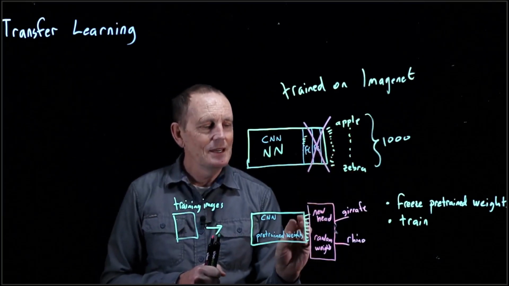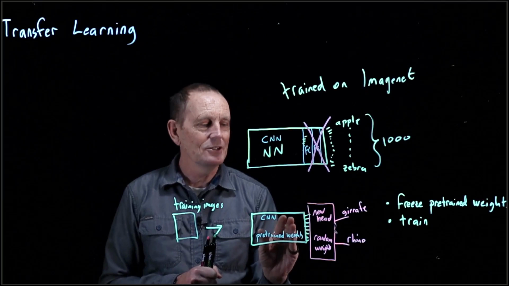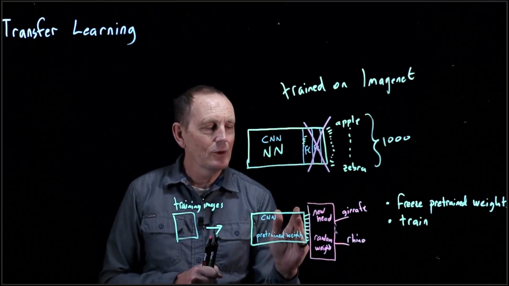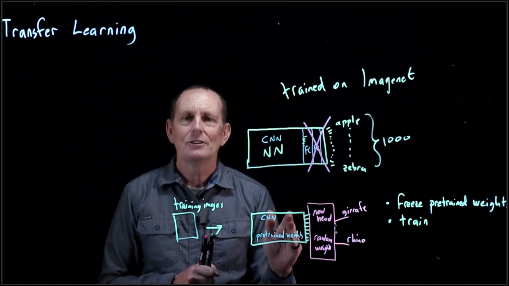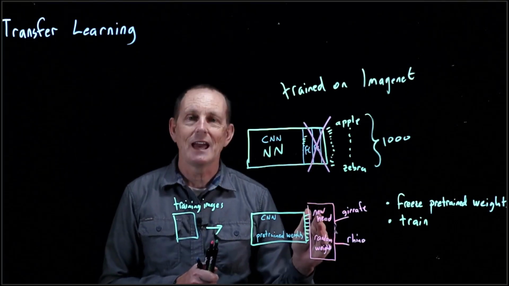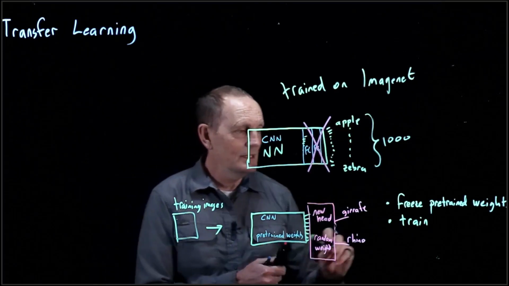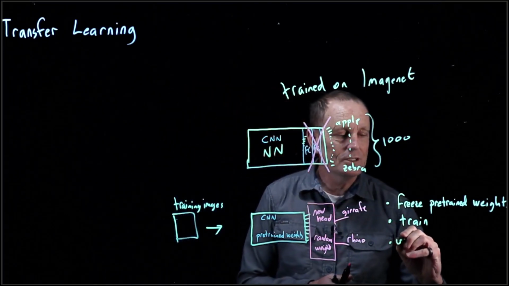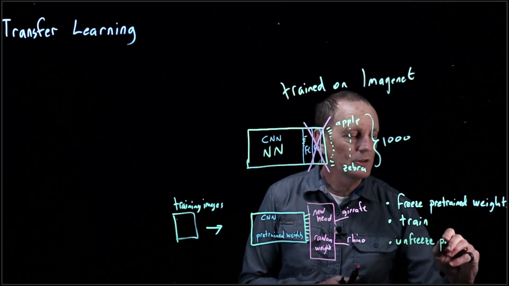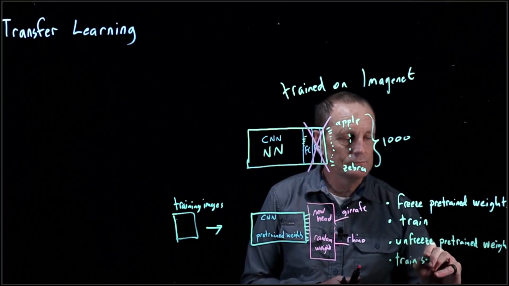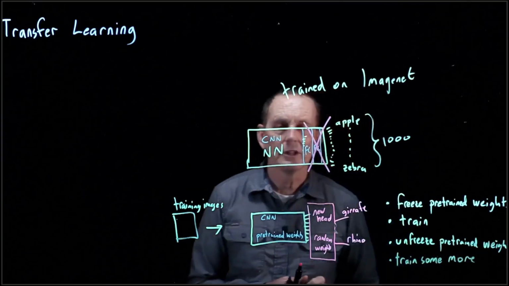It may be that there could actually be some fine-tuning that happens, in that perhaps the CNN, we could go ahead and update some of these weights to be better suited for the task at our hand rather than the task of training on ImageNet. So what we can then do is unfreeze the pre-trained weights and train some more. Probably with a lower learning rate.